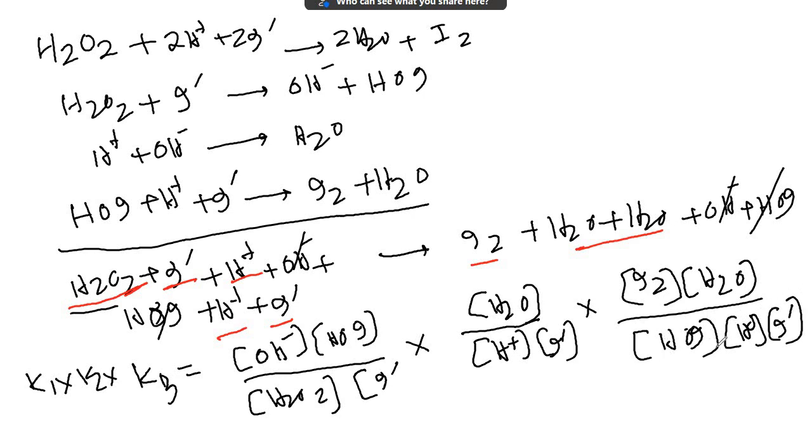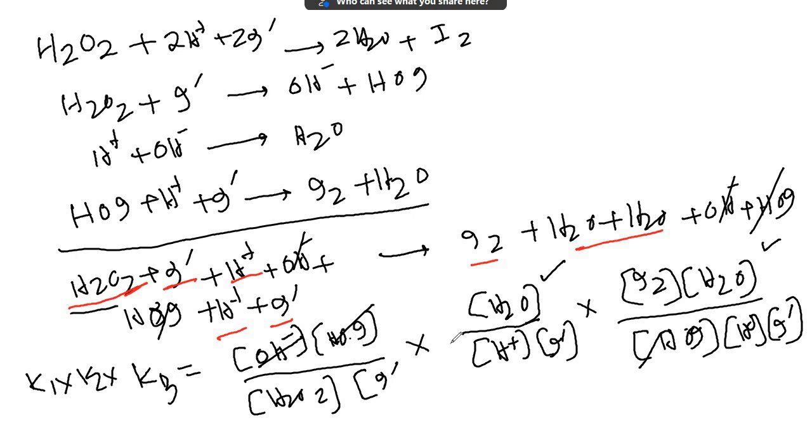On multiplying these things, what are we getting? In the numerator, we should get H2O squared, I2, OH- and HOI. OH- and HOI are cancelled by the OH- and HOI present in the denominator. HOI is over here, HOI is present over here, and OH- is also there, so they get cancelled.